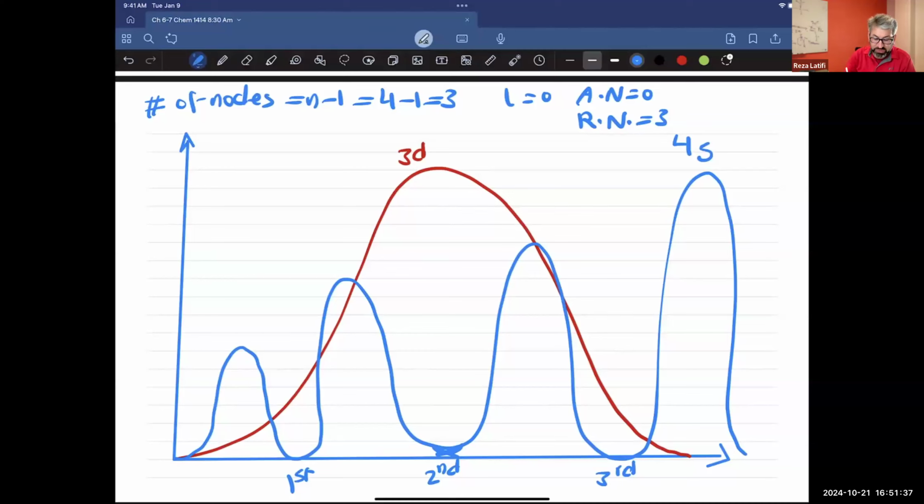So if n is 4 or higher, we say the 3d orbital will have higher energy than the 4s orbital. So remember this: the energy of the 3d orbital is higher than 4s. What does it mean? You put the electron inside the 4s orbital, then you go after the 3d orbital.